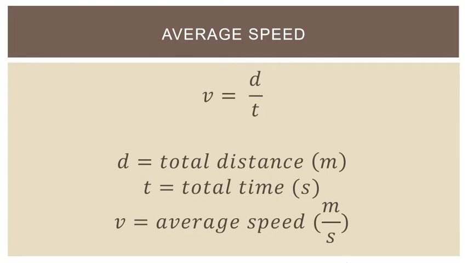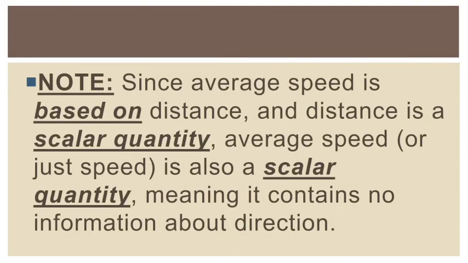Before we get to those problems, we just have to make one more very important point. Since average speed is based on distance, and distance is a scalar quantity, average speed, or just speed in general, is also a scalar quantity, meaning it contains no information about direction.